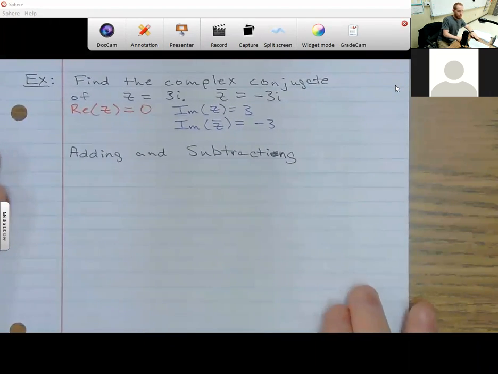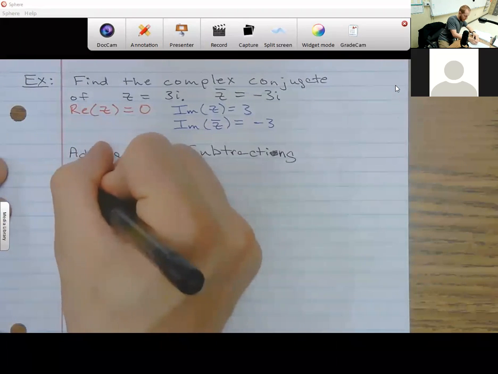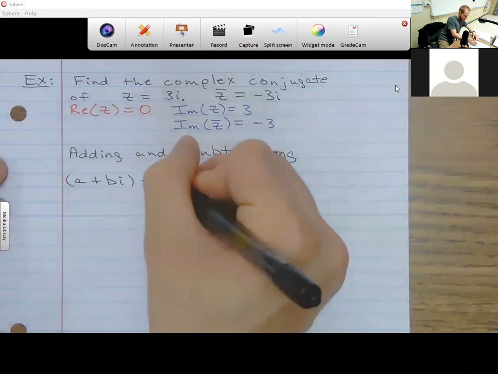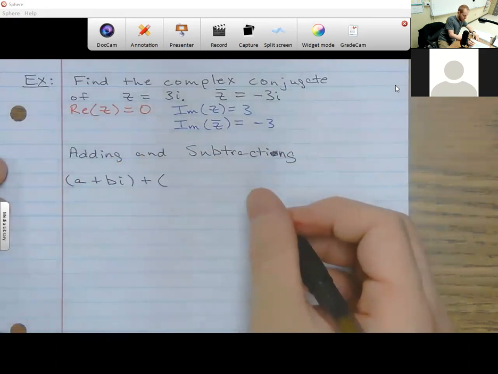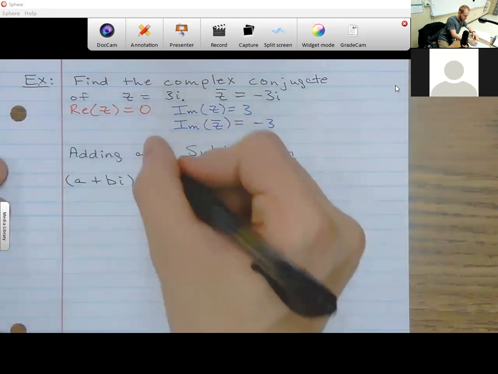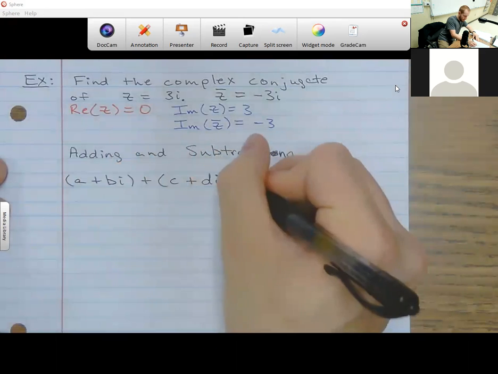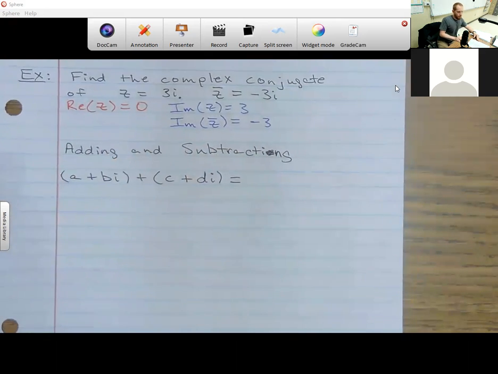Okay. So when we're adding, we're going to have a plus bi, and we're going to have another complex number. Let's call it c plus di. All right, so I have 2 different complex numbers.